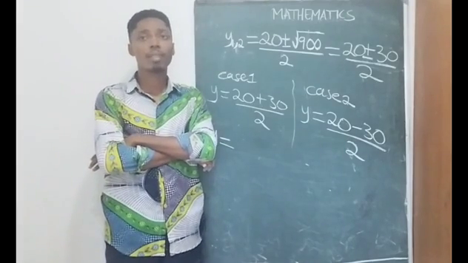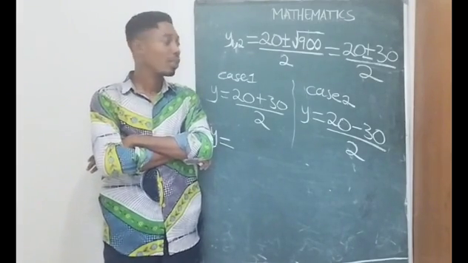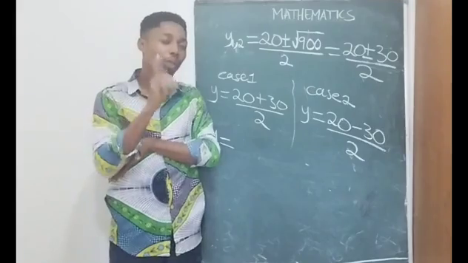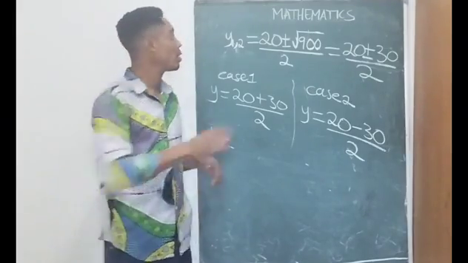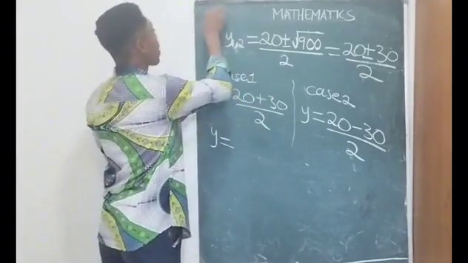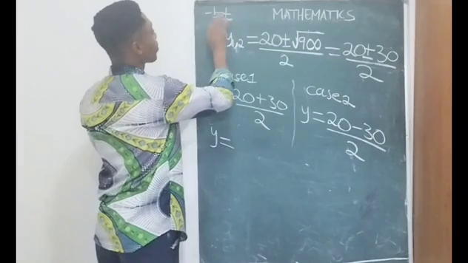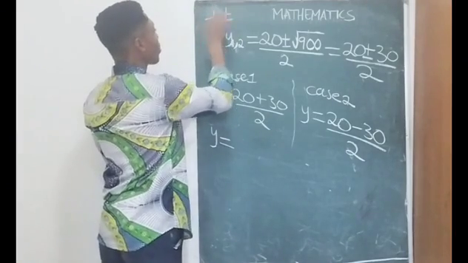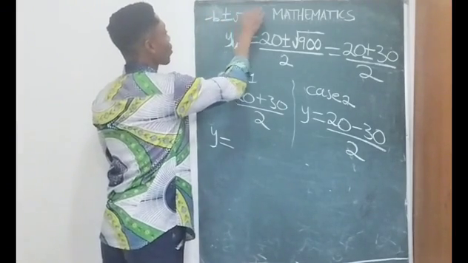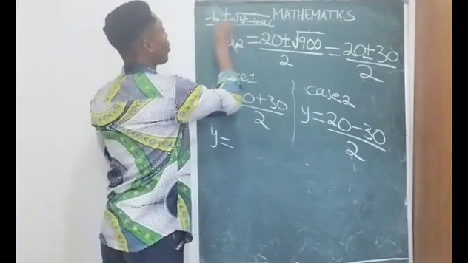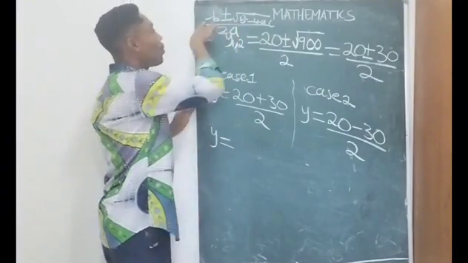If you note something that we had established, you would see that the quadratic equation was talking about minus b. Let's not forget this: minus b plus or minus the square root of b squared minus 4ac, all over 2a.